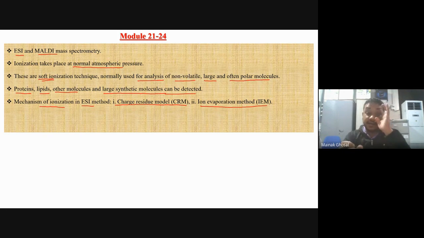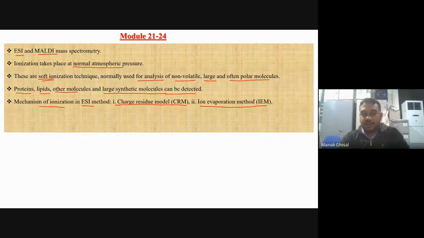The ion evaporation model tells the same thing: the solvent removes or dissolves your ions, and from large droplets you get small ions.